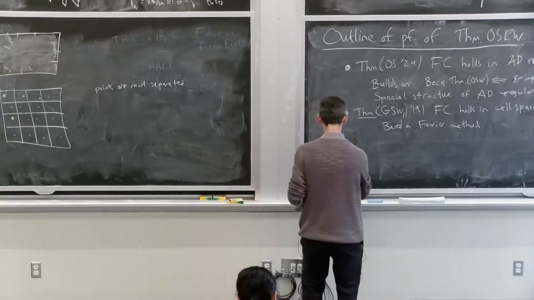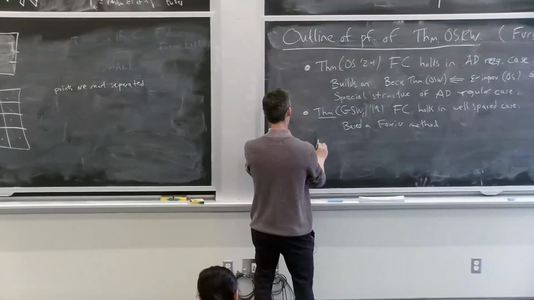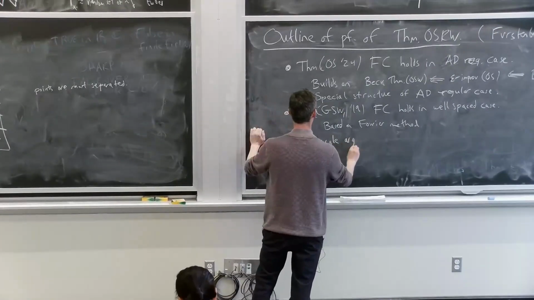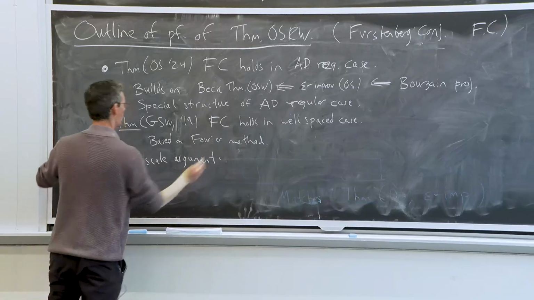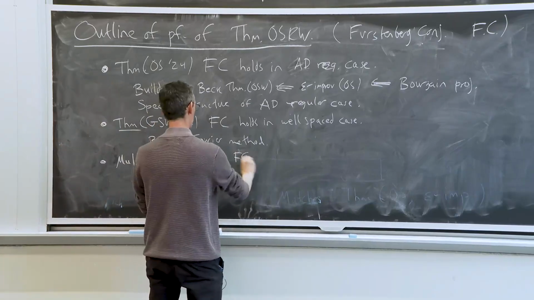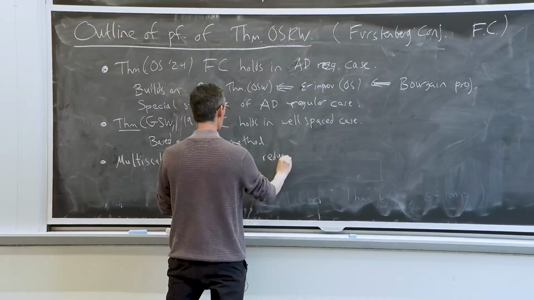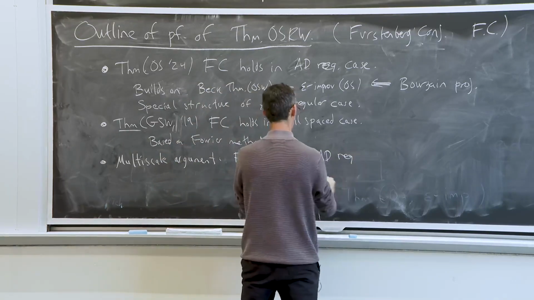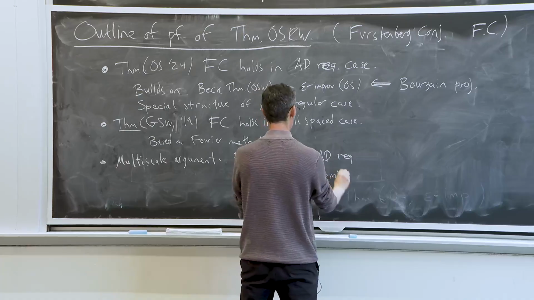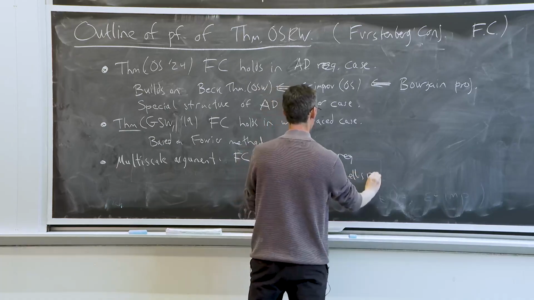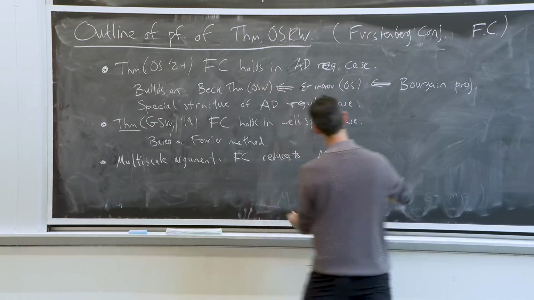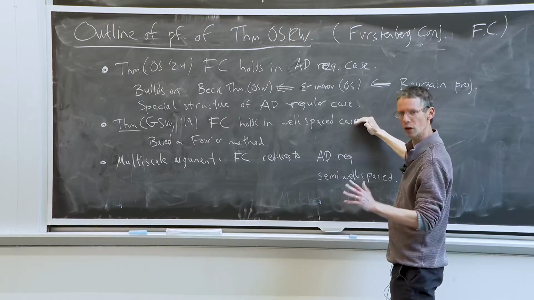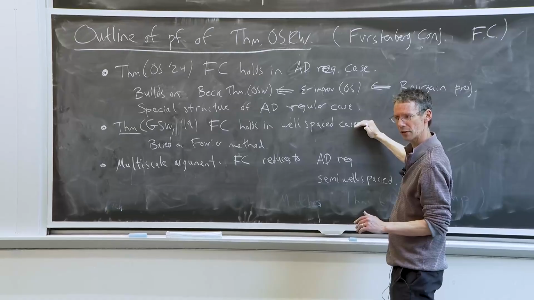So the third ingredient is a multi-scale argument which shows that the Furstenberg conjecture actually reduces to the AD regular case and what they call the semi-well-spaced case. This is a small generalization of this case that can be handled by more or less the same methods using Fourier analysis.